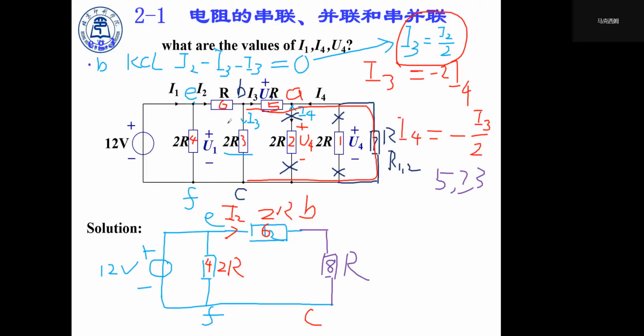And we see that resistor 6 is R. So resistor 6 has a value of R.